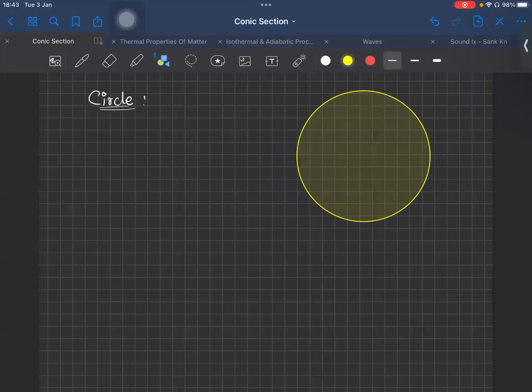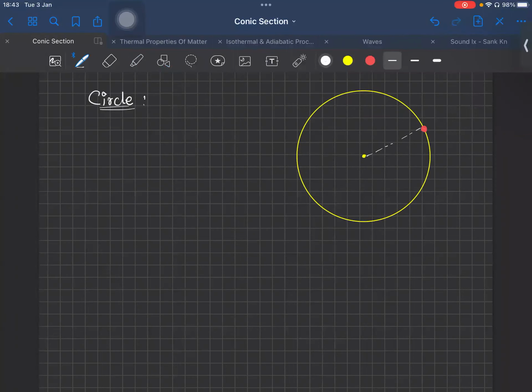That's very broad. See, this line here represents a circle, right? That means it is equidistant. See, locus of a point. Let's say there is a point here, and you fix its distance from a fixed point.